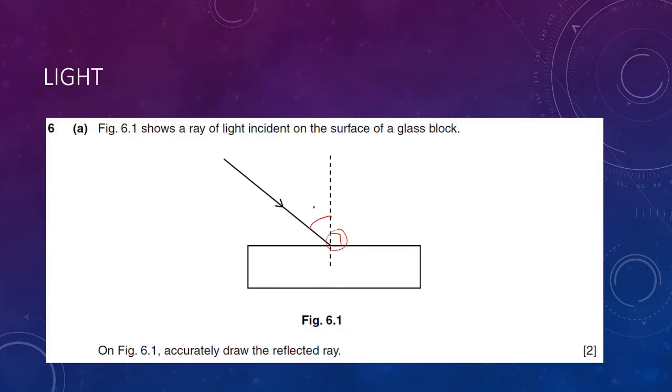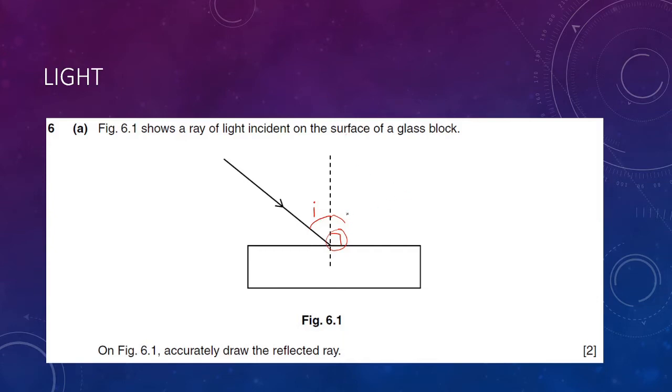The angle is called the incident angle or angle of incidence. In reflection, the angle of incidence must be equal to the angle of reflection. So after you measure the angle of incidence here, make sure you use your protractor. Then measure another angle over here which is exactly equal to this angle.